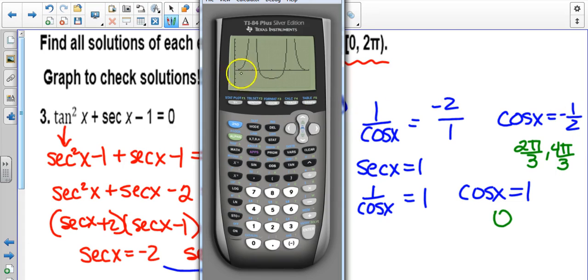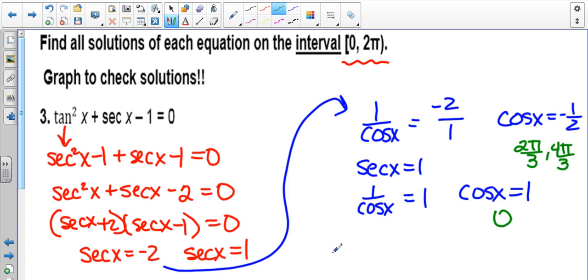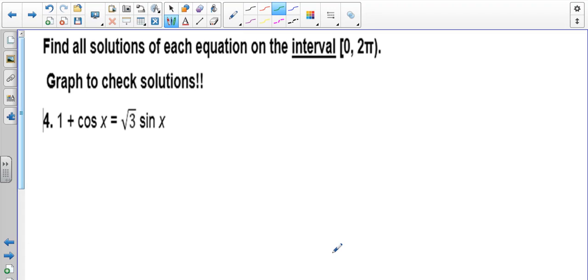So I'm thinking 0 works, 2 pi over 3, 4 pi over 3, and 2 pi. Just to test, I could do trace 2 pi over 3, and it should jump to one of those zeros. And it does. We good? All right, so it looked like all 3 worked.